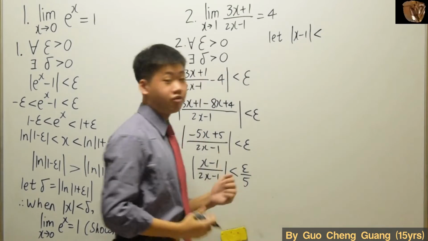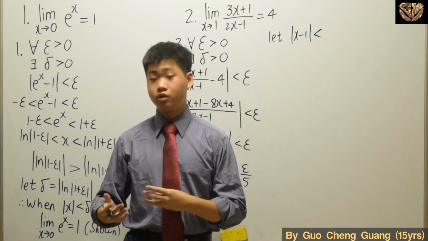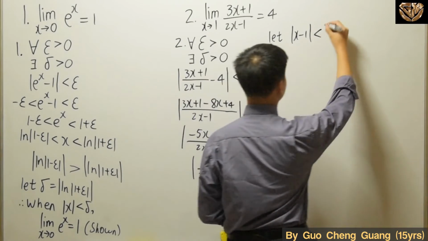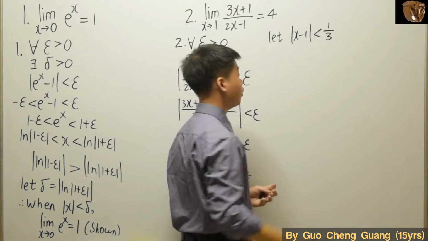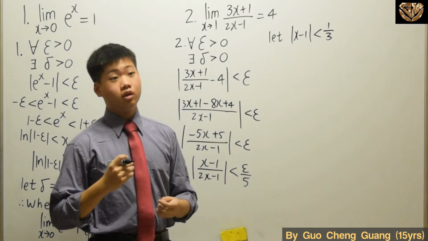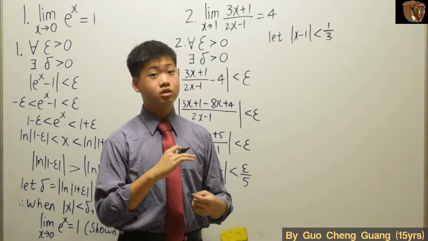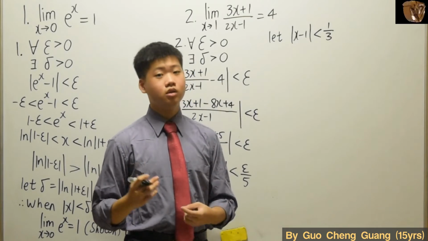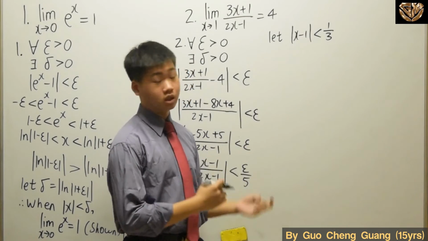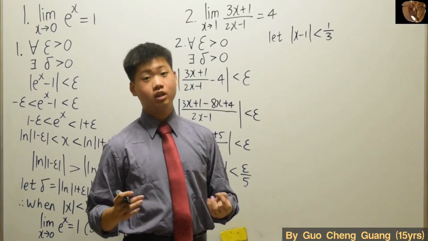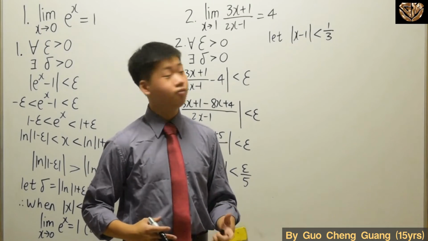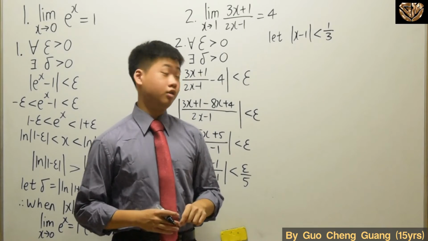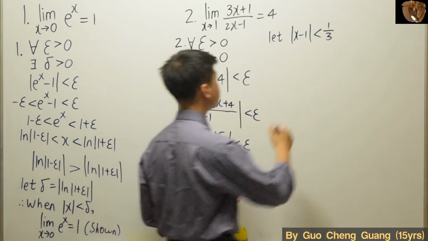Of course, for different values, you can go ahead and try on your own whatever values you want. But in this case, how about 1 over 3? Of course, you have to be aware of every case. Sometimes they could be solvable, sometimes they can't. Or even if it seems solvable, it could become very complicated with many different cases that you have to consider. So let's consider smaller than 1 over 3 in this case.